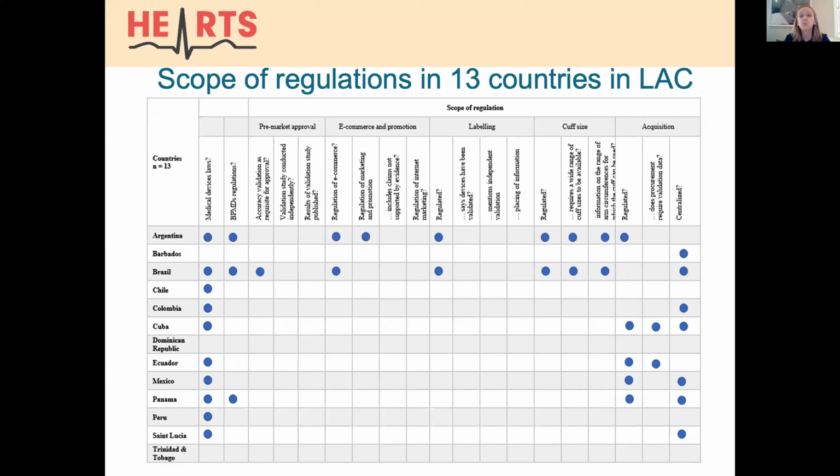And in only one, validation is a requisite for approval for registration, what's called pre-market approval.